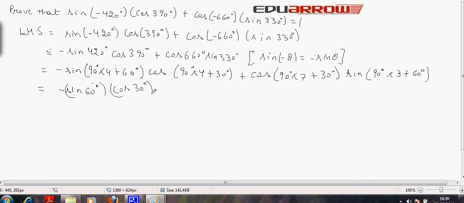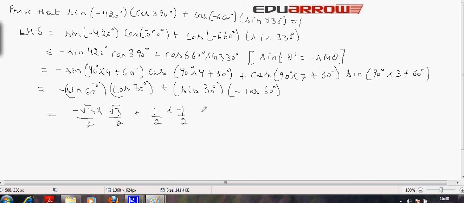By following the above rules which we have discussed, this will be sine 30, and this will be minus cos 60 degree, which is equal to minus root 3 by 2 into root 3 by 2 plus 1 by 2 into minus 1 by 2, which is equal to minus 1.